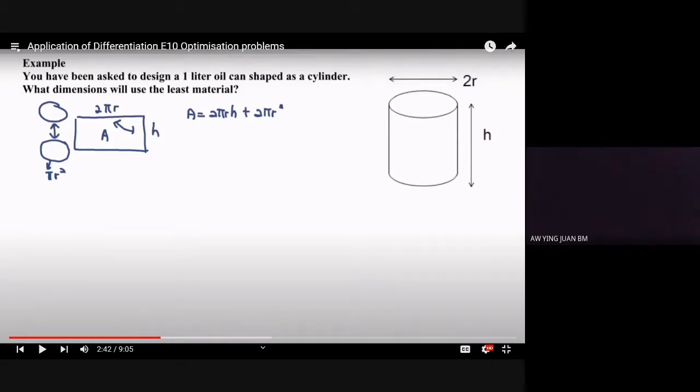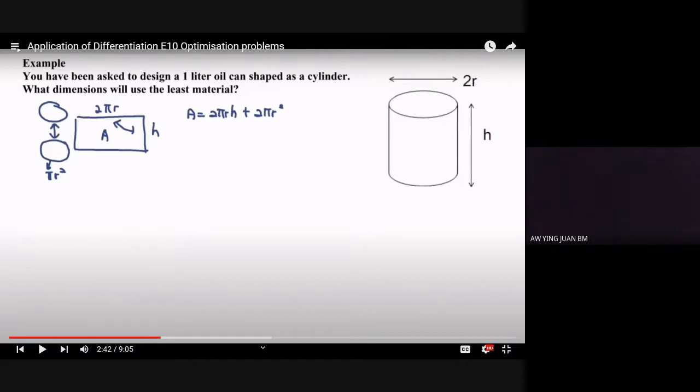Okay, so sekarang ingat step yang pertama. Identify the variable to be maximized or minimized, says variable y. So kalau kita tengok sini, di sini tak ada xy tetapi kita ada A. Nampak? A, satu variable. Kemudian kita ada R, 2 variable. Kita ada H, 3 variable.